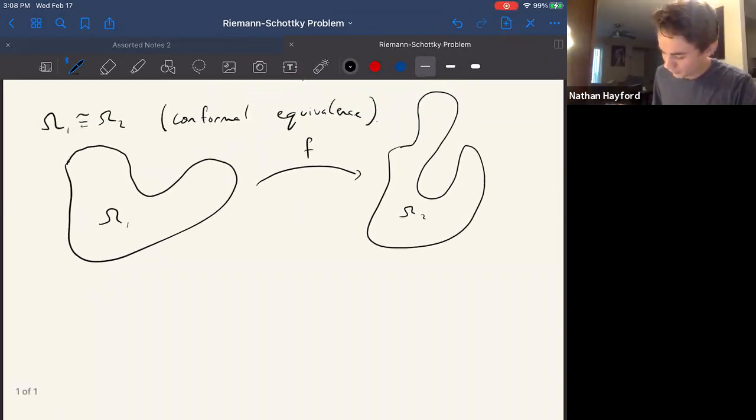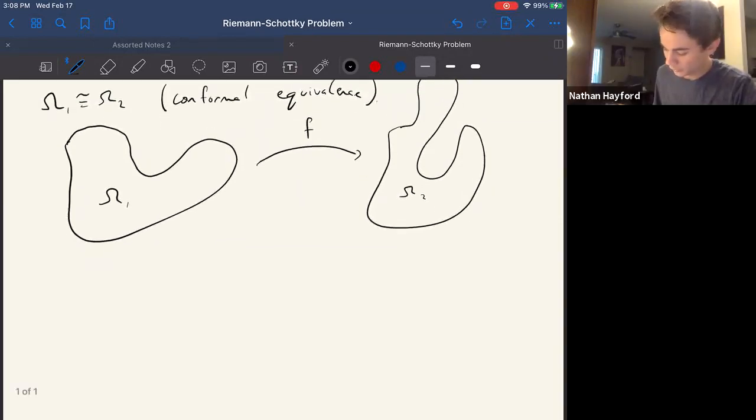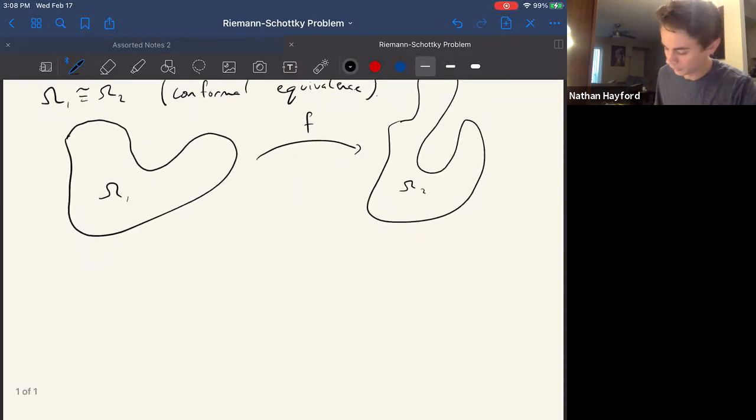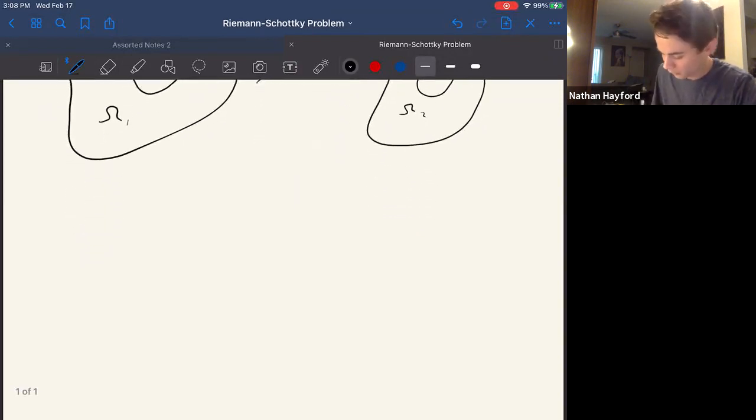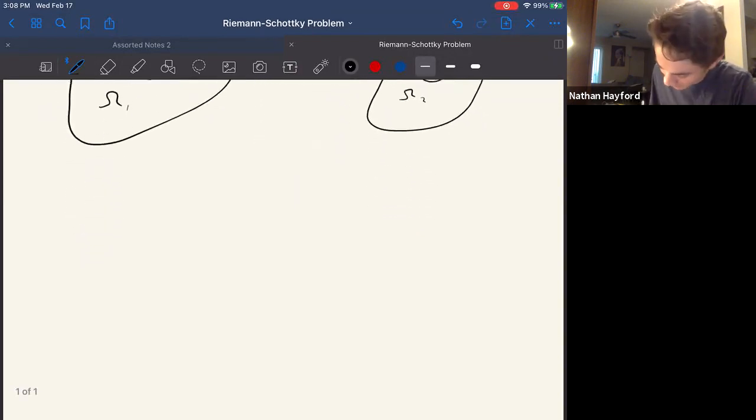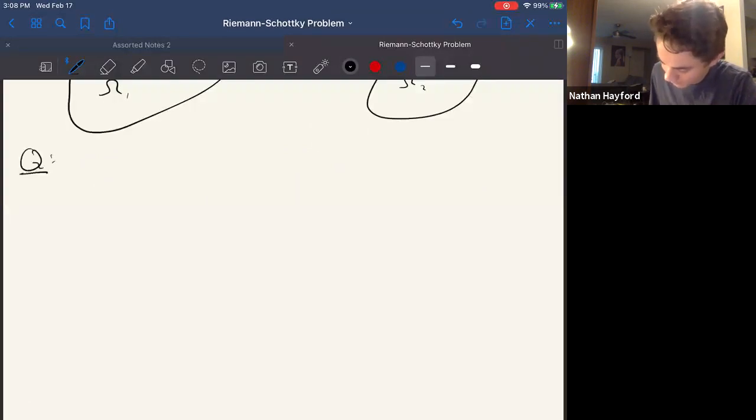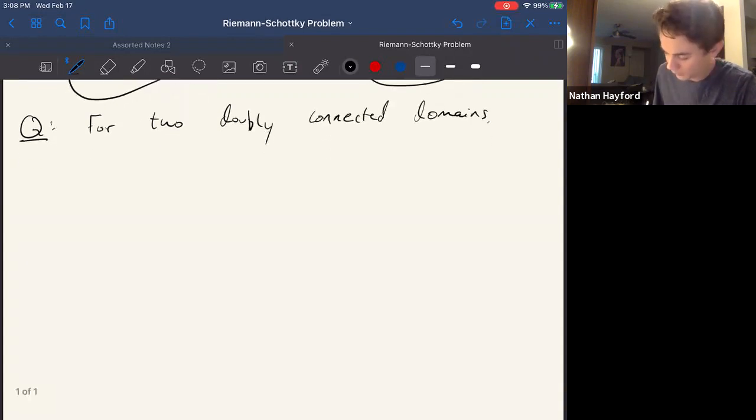So the Riemann mapping theorem says any two simply connected, not all of C, plane domains are conformally equivalent. Let's up the ante just a little bit, and let's ask the same question for two doubly connected domains. Is the same true?